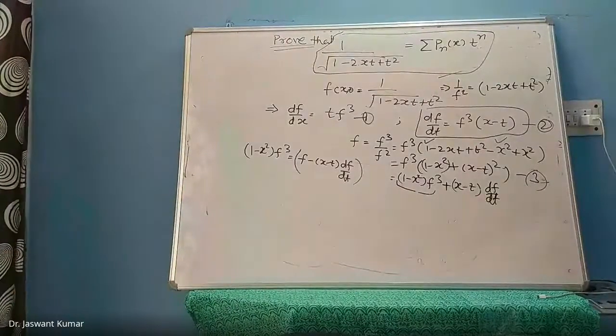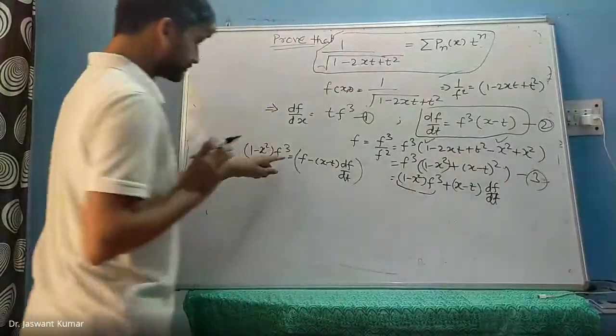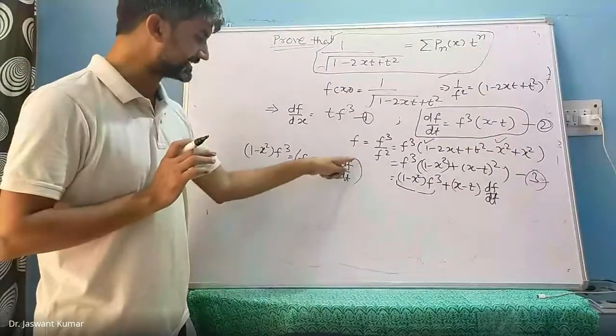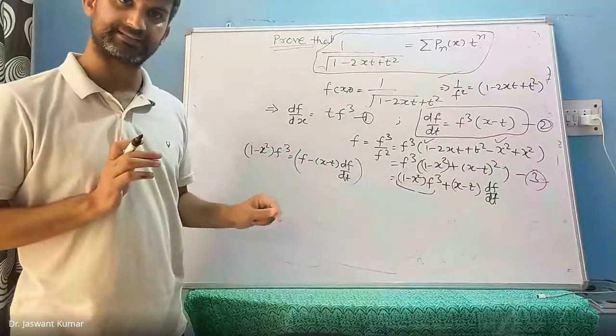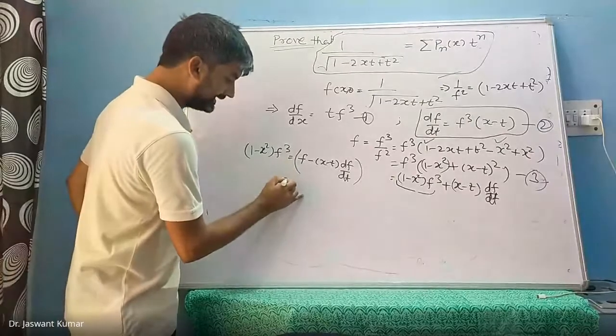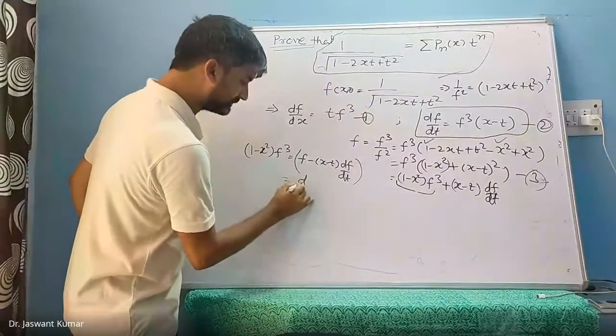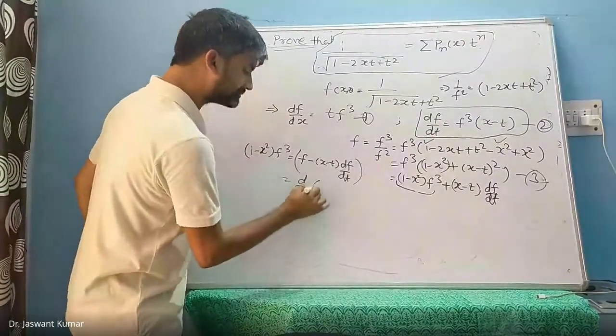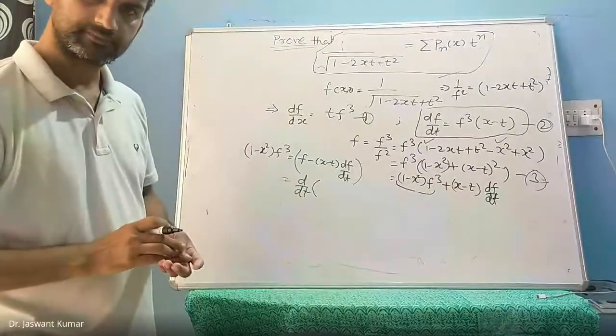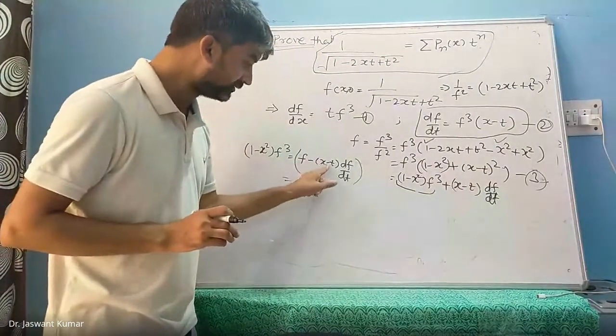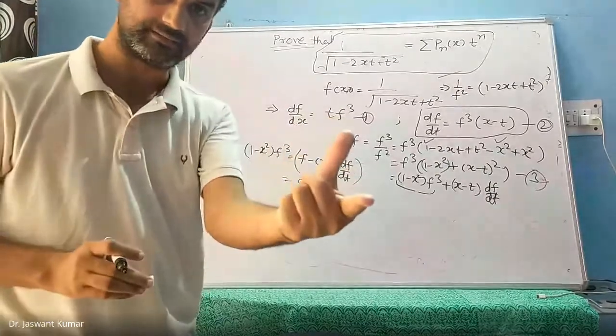So this is 1 minus x square f cube equals f minus x minus t df by dt. Are you all clear on this? This I leave as an exercise for you: this can be written as an overall d by dt of something. See, d by dt of x minus t will be 1 or minus 1.